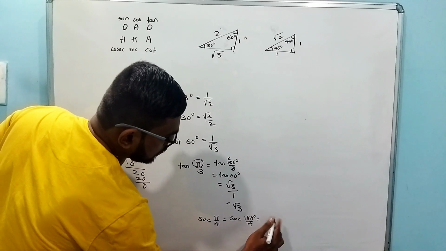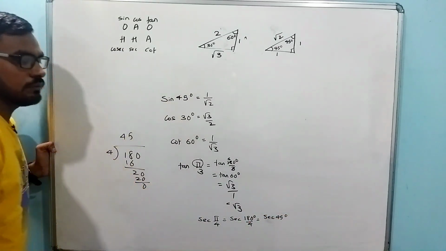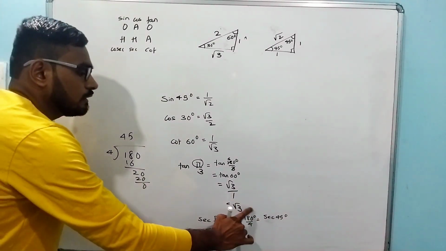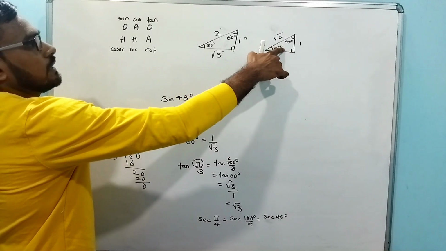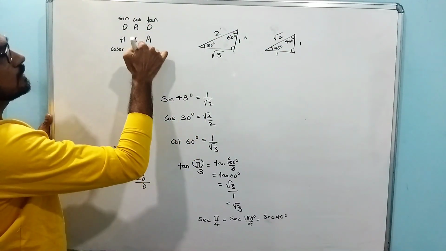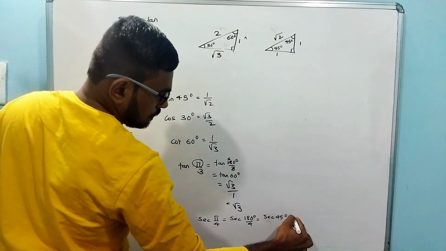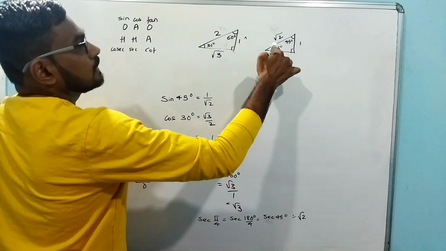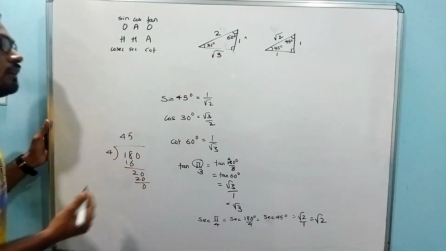Whenever we divide 180 by 4 it is 45 degree. So sec of 45 degree: 45 degree is here, and sec is hypotenuse upon adjacent. Hypotenuse is root 2, and adjacent is 1, so root 2 upon 1, which is root 2.